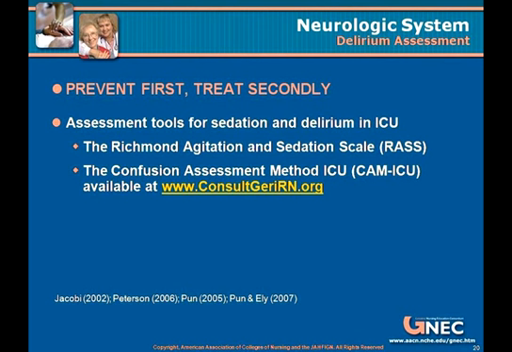It's used often in conjunction with the Richmond Agitation and Sedation Scale, and students will have access to those scales through the Try This series on Hartford's website. The Confusion Assessment Method is helpful in that patients can use yes-no answers or head nods. It doesn't involve any verbal response.